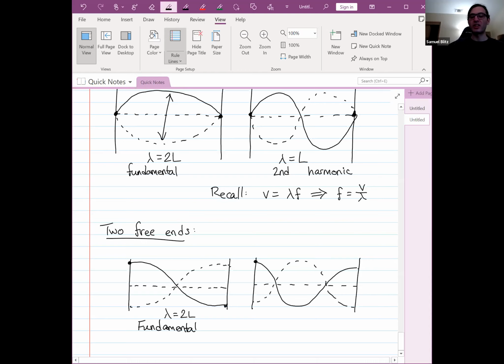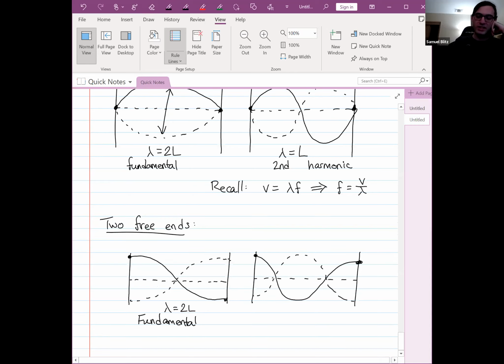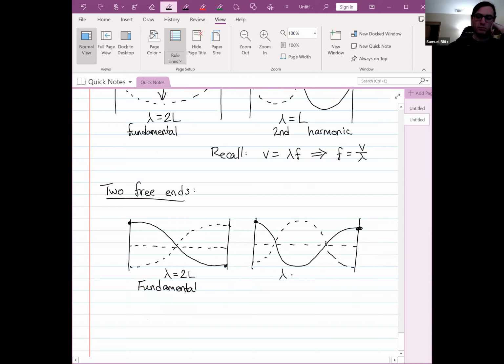And so you still have the antinodes on the end, and you have 1 more in the middle. And so in this case, lambda is just L. I was brain freezing for a minute. And so this would be the second harmonic for the same reason as above. This is lambda equals L here because it goes down, then up, and then it's back where it started.